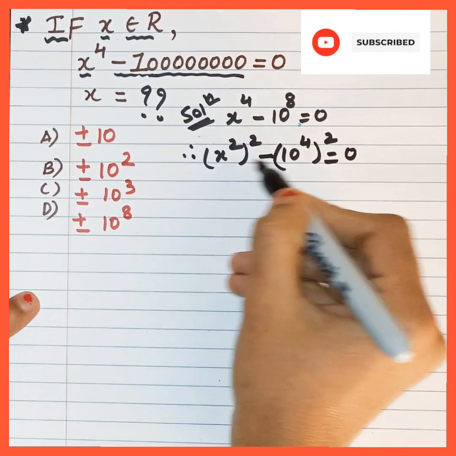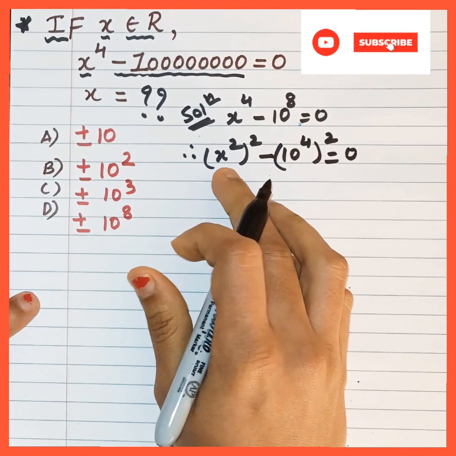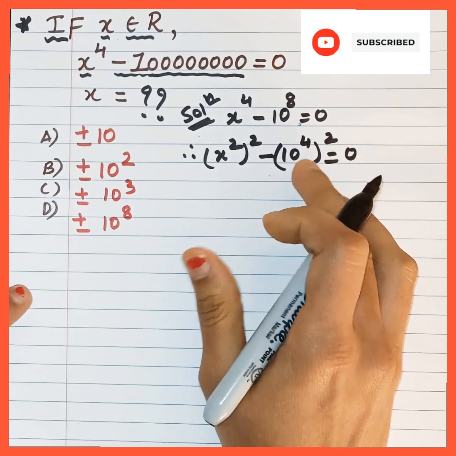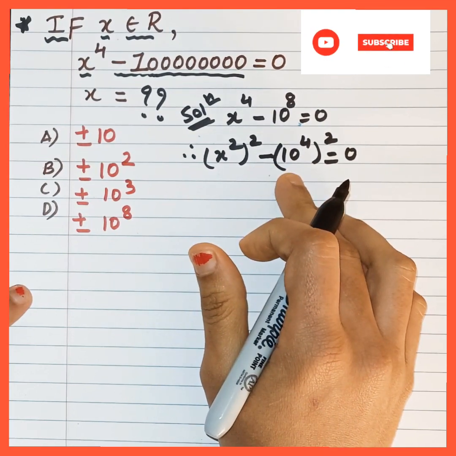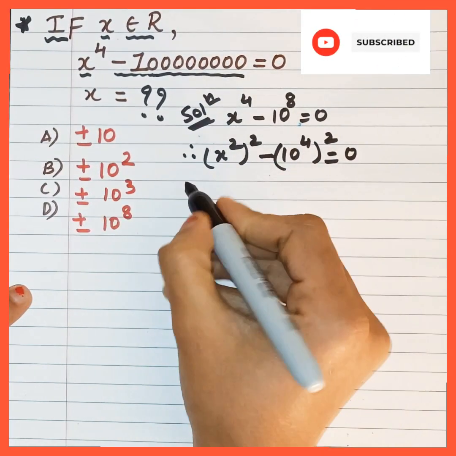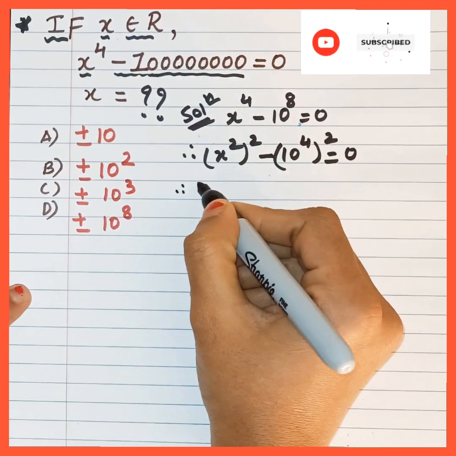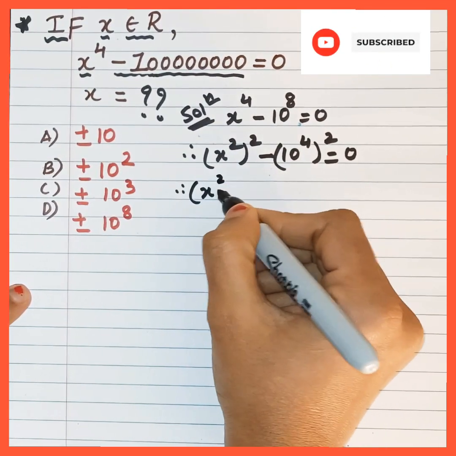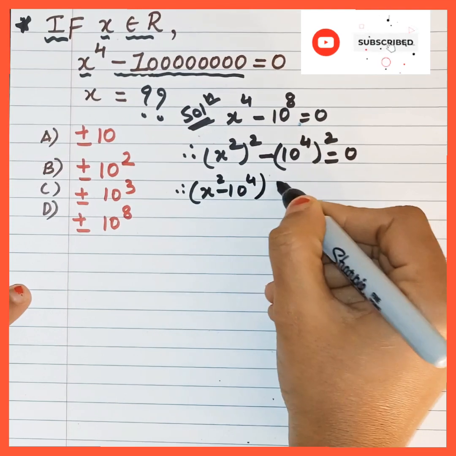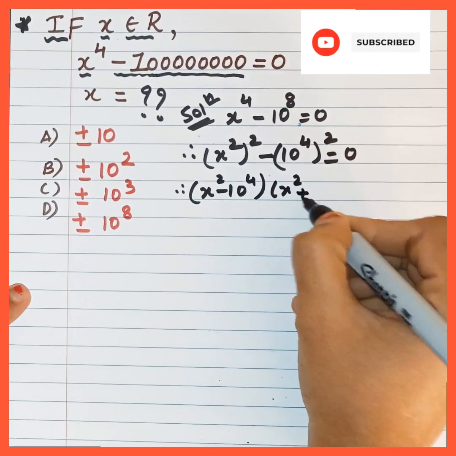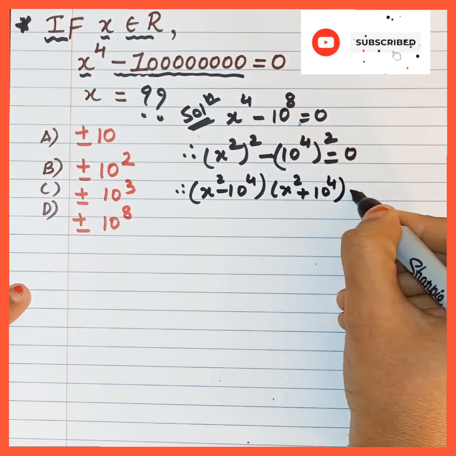So you can see this is a and this is b, so this is a square minus b square. The identity is a minus b into a plus b. So this is equal to x square minus 10 raised to 4 and x square plus 10 raised to 4 equal to 0.